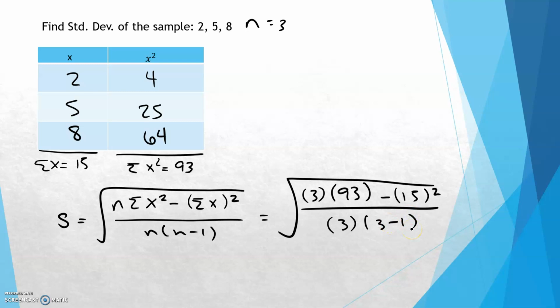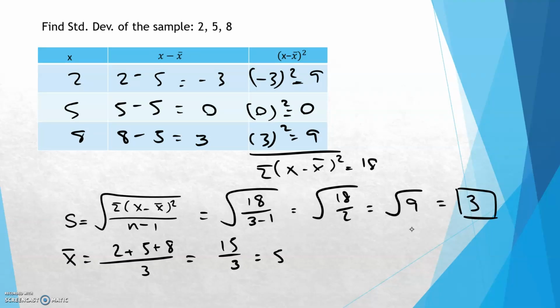Now notice that I'm not using the mean in any part of this. This is the reason why this is the simpler method, and it reduces the chance of error. Because if I go back over here and say I messed up and I got, we'll just say, not a 5 but a 4 for some reason, then this would be a 4, this would be a 4, this would be a 4, this would not be 3, that would not be 0, that would not be 3. You could check it right here to make sure it adds up to 0. But say you forgot to do that.